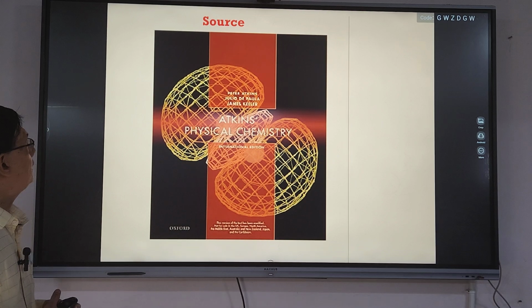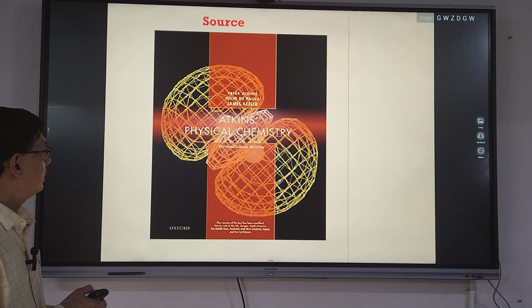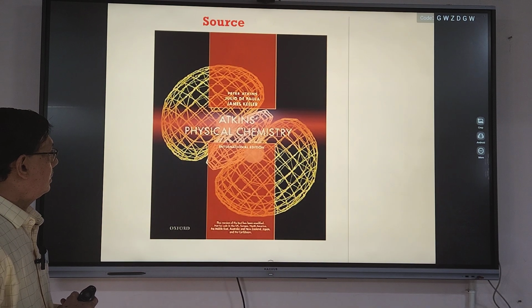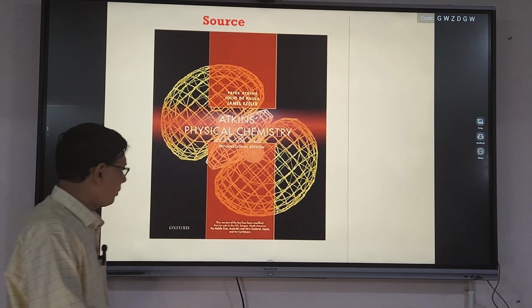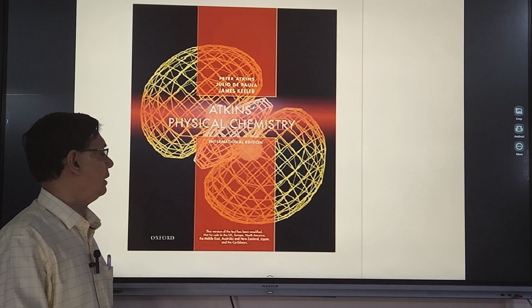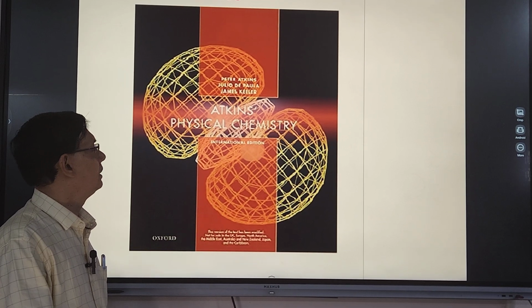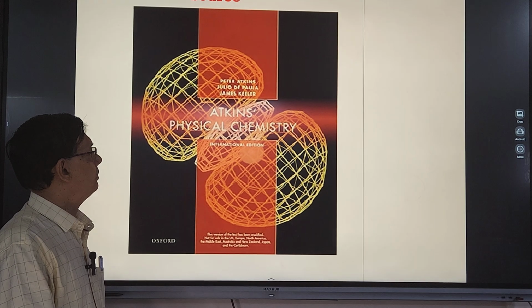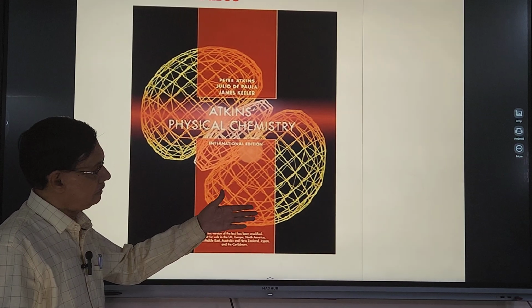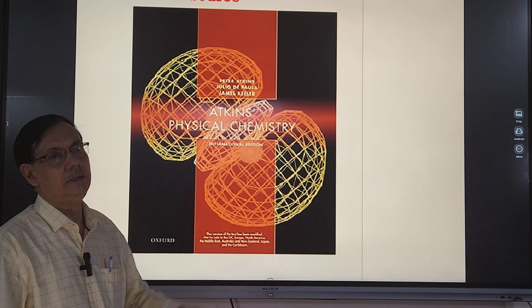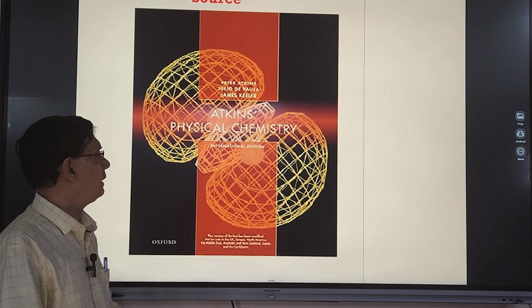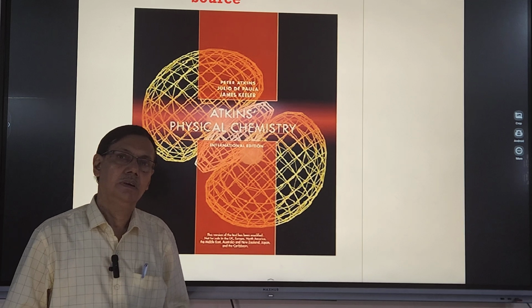As usual, you know that I have this book, because this book is very popular for the M.Sc. students as well as the Ph.D. students, and basically some of my definitions or derivations are based on this Atkins Physical Chemistry.